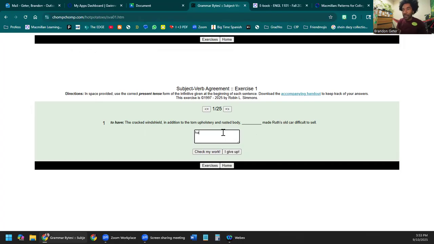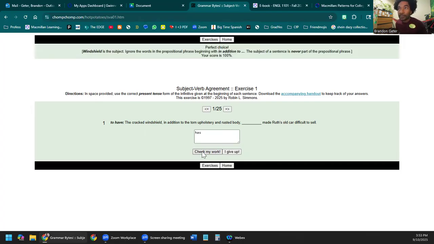Then you type it in, has, check my work, perfect choice. Windshield is the subject. Ignore the words in the prepositional phrase beginning with in addition to. The subject of a sentence is never part of the prepositional phrase. So if you get it wrong, let's see what happens if you get it wrong.